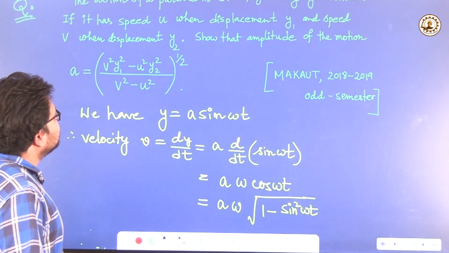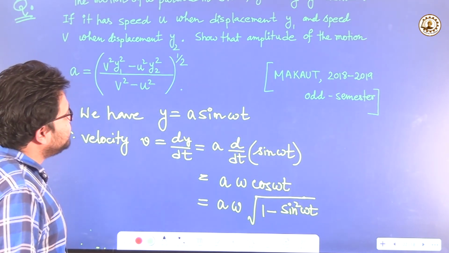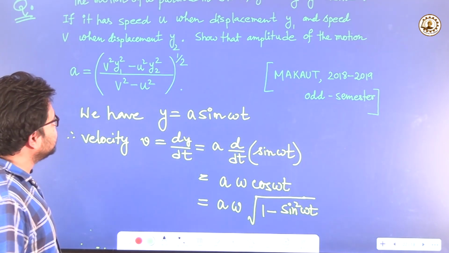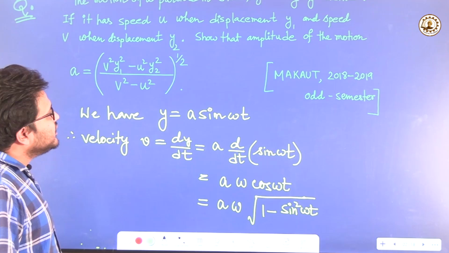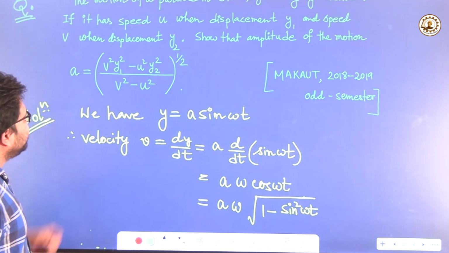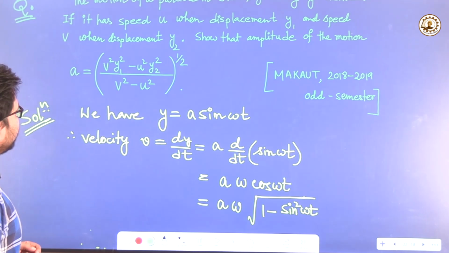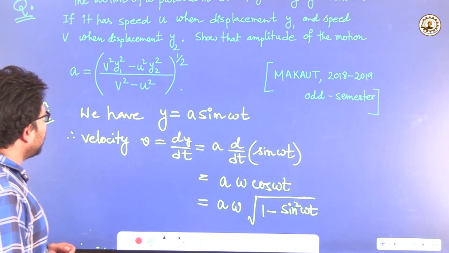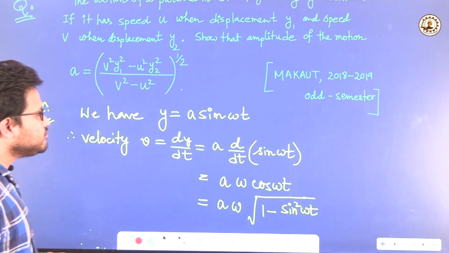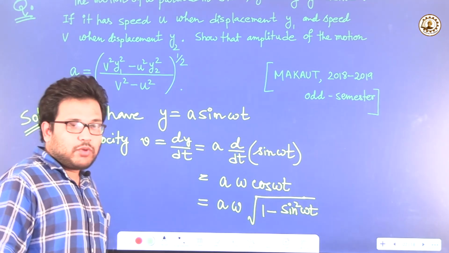If it has speed u when displacement is y1 and speed v when displacement is y2, then show that the amplitude of motion a equals (v square y1 square minus u square y2 square divided by v square minus u square) whole to the power half. So let's solve this problem.